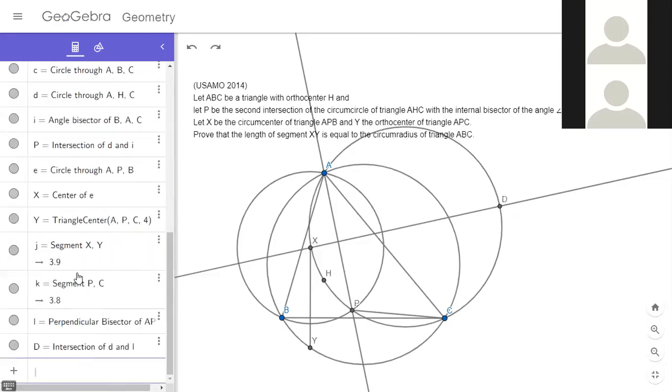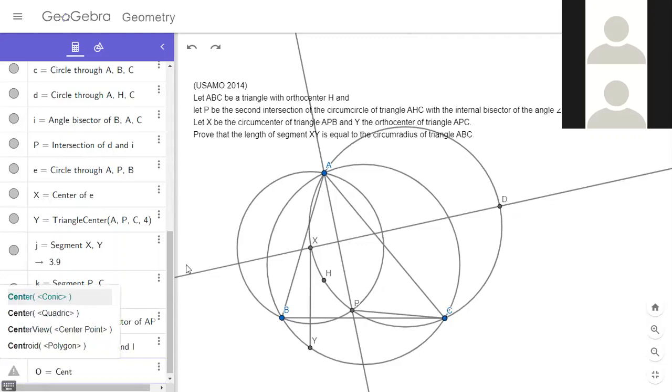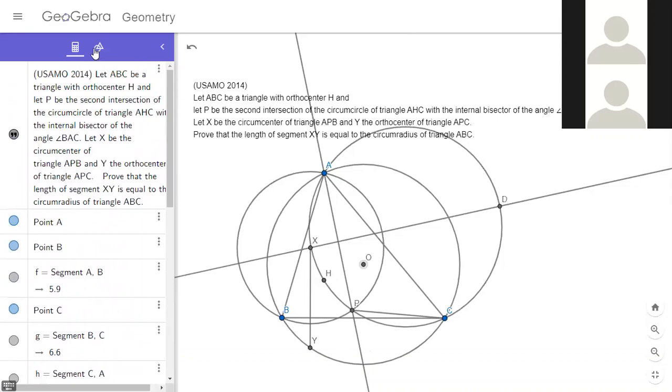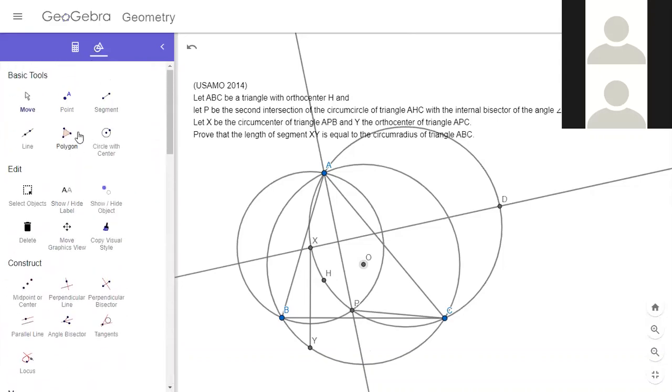Let O be the center. We want to show XOEY is a parallelogram.